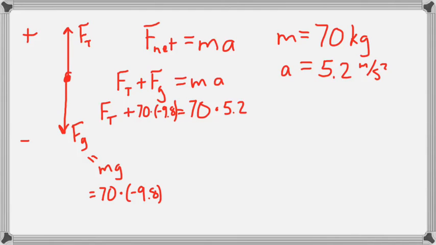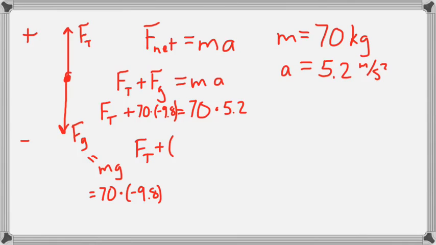All right, so now I just need to simplify and get the tension force by itself because that's what I'm being asked for in the problem. So tension force plus, let's see, this is going to be negative, let me find my calculator. It's going to be somewhere around negative 700, I know that.